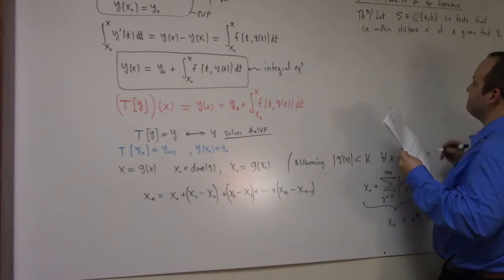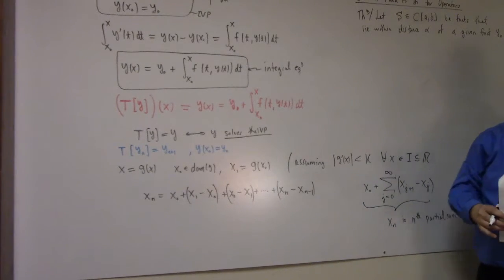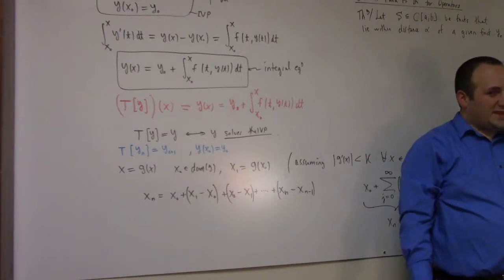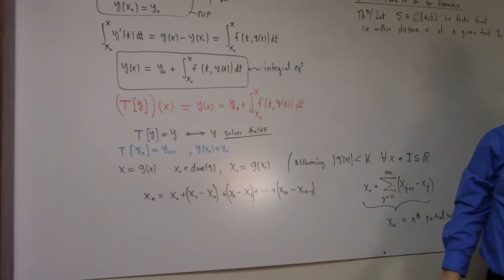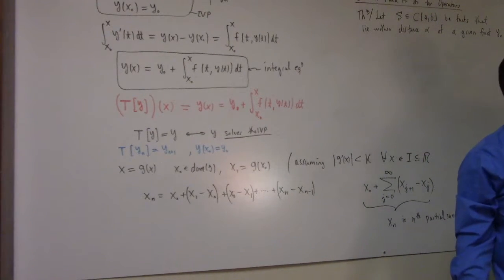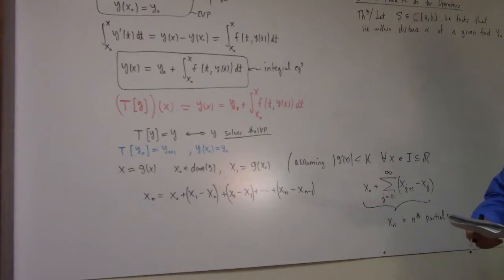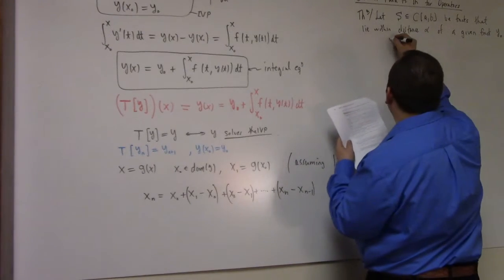So, in other words, you could think about the picture I had before. It would be like all functions that have a graph that's within the alpha band of y naught. Well, okay, so he defines it carefully.